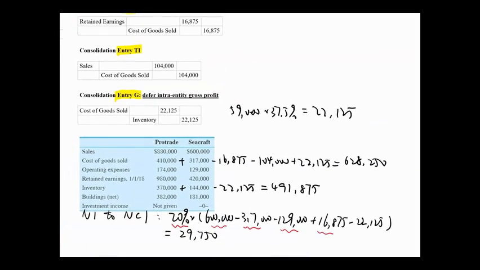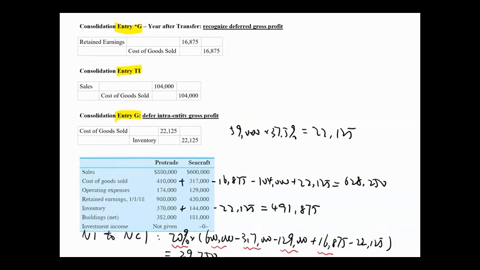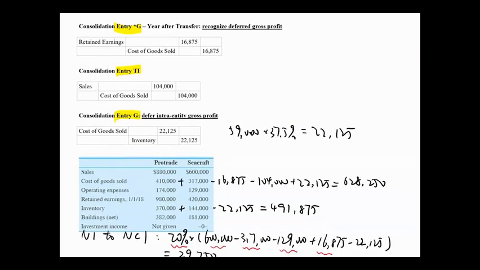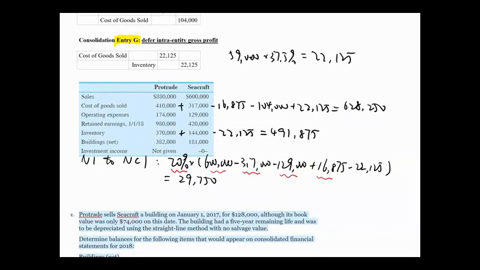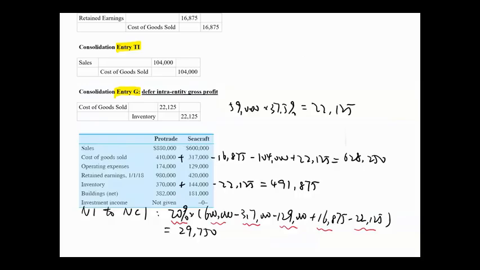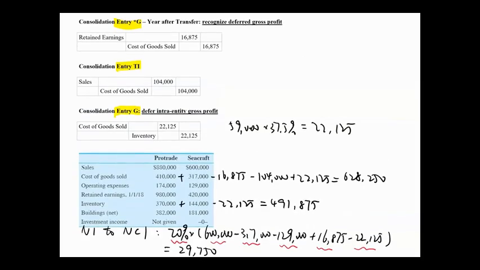And then let's look at entry G first. In entry G, we increase cost of goods sold to defer the profit, so we need to minus this amount from our current period profit. And then come back to entry TI. Entry TI has both sales and cost of goods sold involved, and because that's the same amount, the net impact is 0, so we don't need to worry about this 104,000.